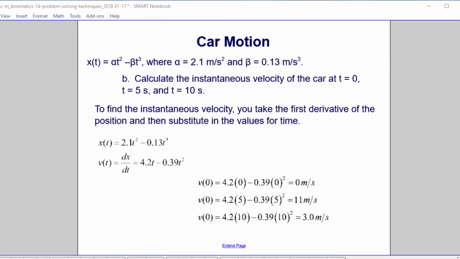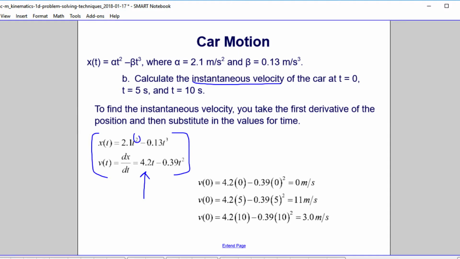Calculate the instantaneous velocity of the car at 3 points. Instantaneous velocity requires a derivative. The derivative of the position is going to equal 4.2 t minus 0.39 t squared. Right, the 2 here comes down, multiplies 2.1, you get 4.2. Subtract 1 in the exponent, you get t.